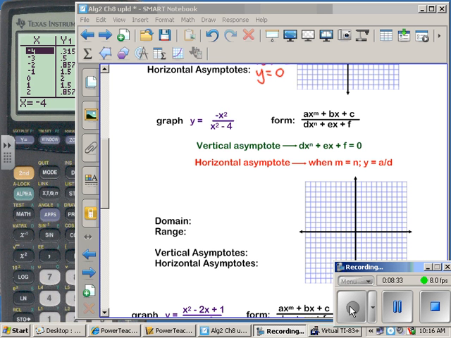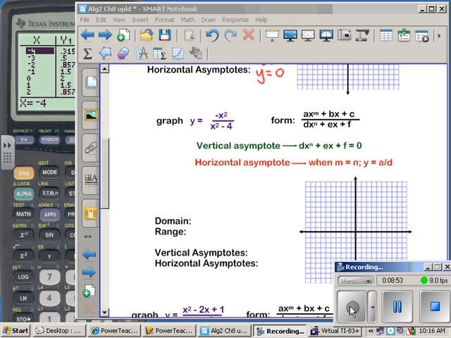So we kind of already learned this rule. When they're equal, then the horizontal asymptote is just whatever that fraction happens to be, a divided by d. And again, the vertical asymptote is where the bottom of the fraction equals 0.